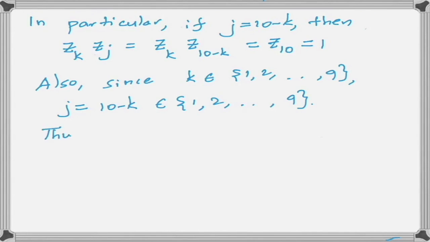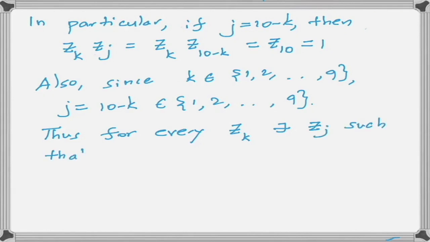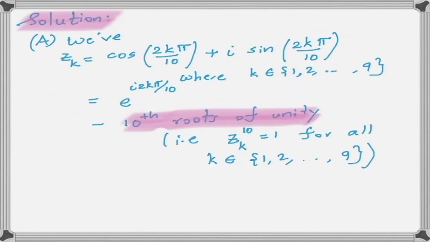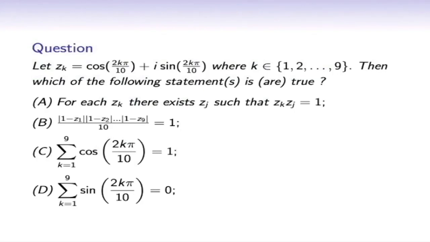Thus, for every complex number Zk, there exists a complex number Zj such that Zk times Zj is equal to 1. Hence, we see that option A given to us is true. So, let us mark this option.